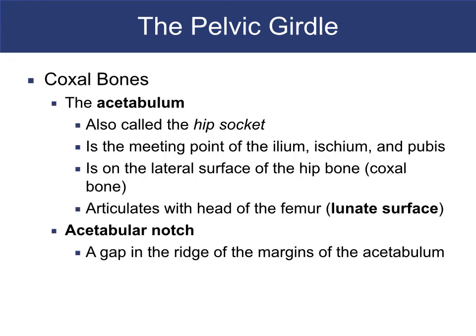Okay, the acetabulum is called the hip socket, and it's on the lateral side of the coxal bone, and of course your femur is going to fit into it. Femur is another ball and socket joint, much stronger than the shoulder joint because it's a lot deeper.